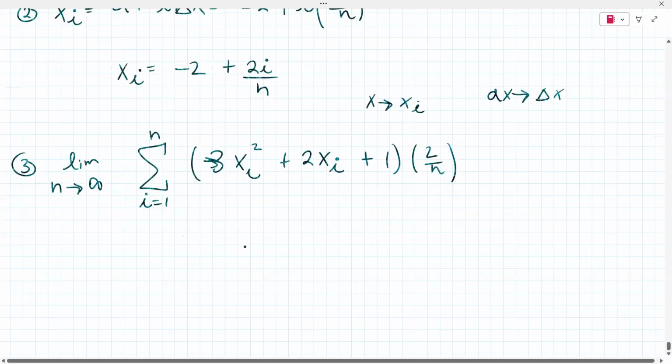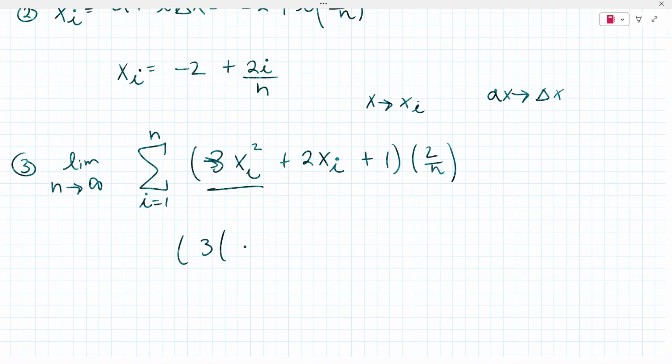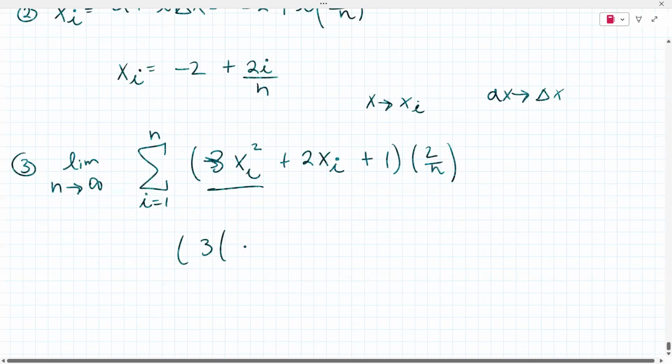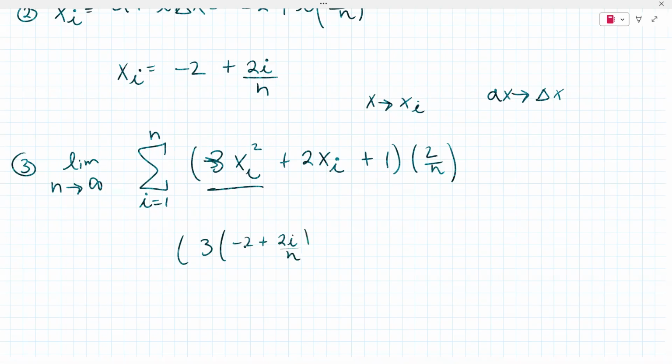Okay, so this simplifies as, so this part right here, 3 times xi squared. What is our xi? That whole thing, -2 plus 2i over n. And then it's 2 times -2, times 2 over n.